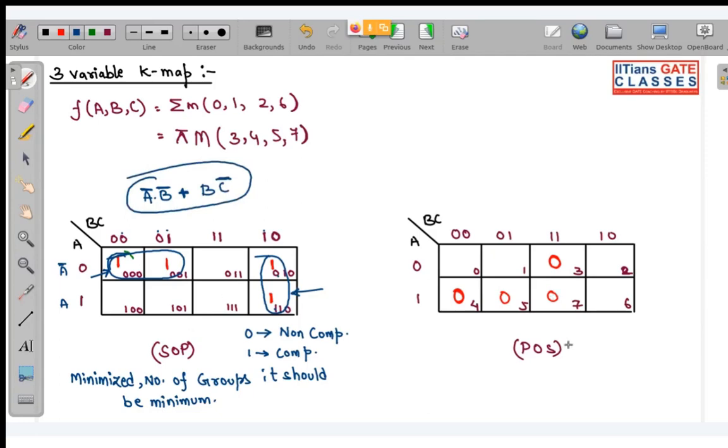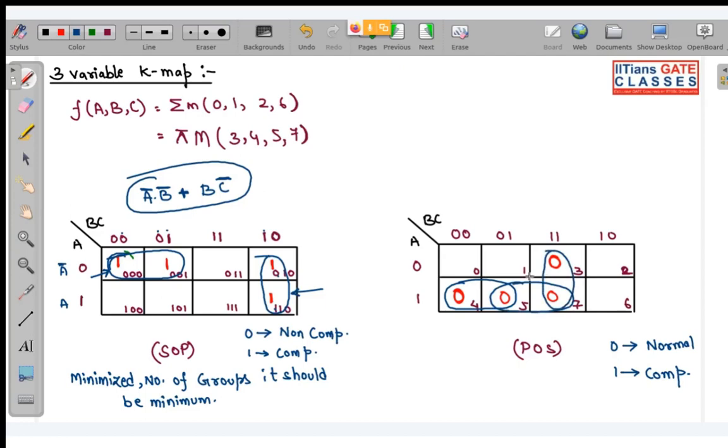Now if I want to write POS, look very carefully how I write. Here 0 corresponds to the normal variable, and 1 corresponds to complement. Now let me make the groups. I can make a group like this. This is one group. Another group I can make like this. Then there will be one more group like this.